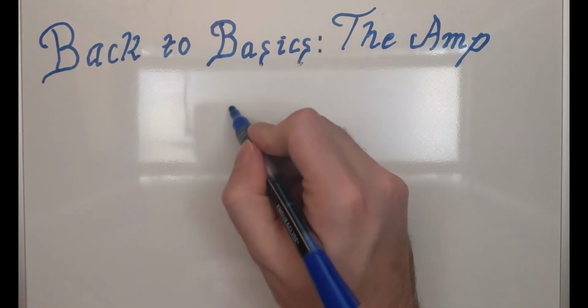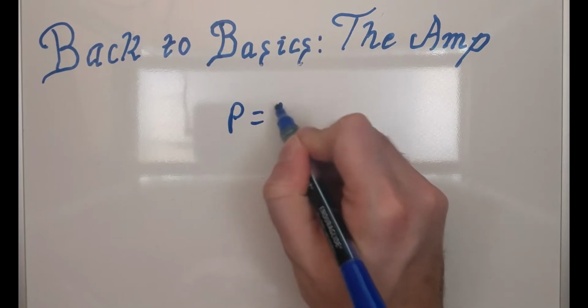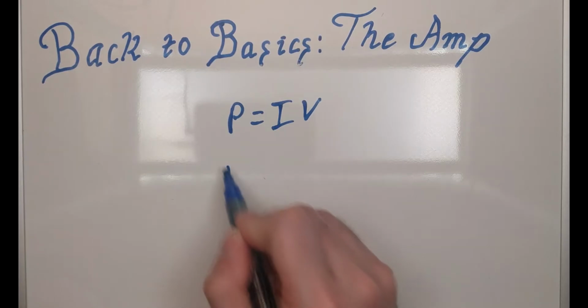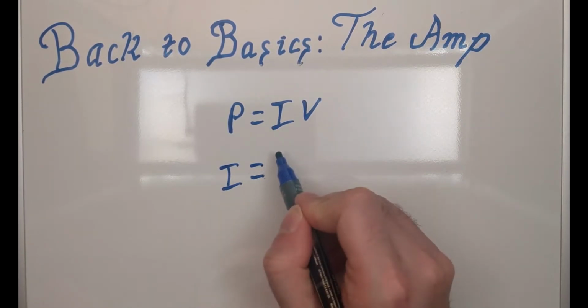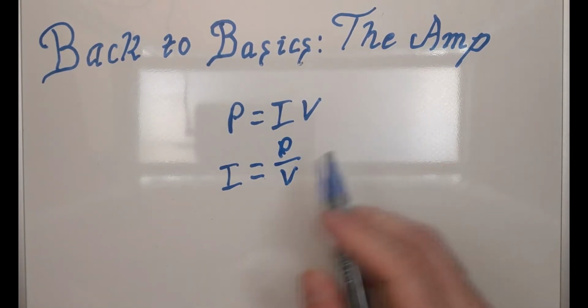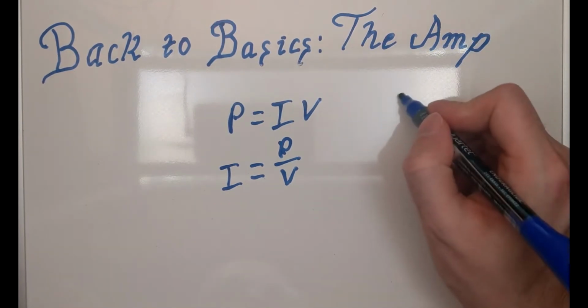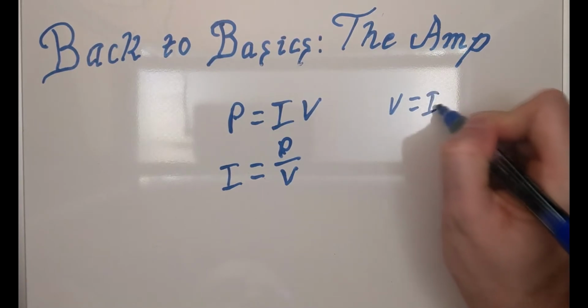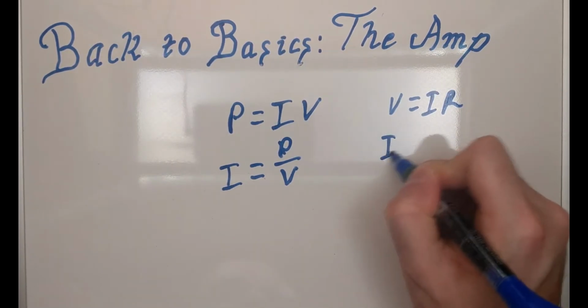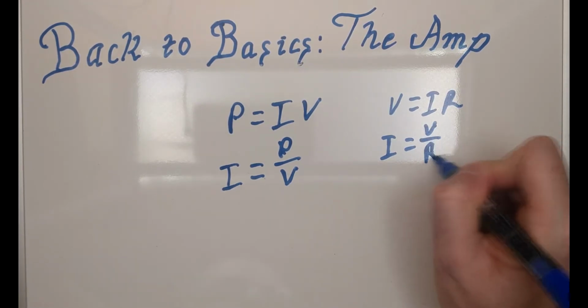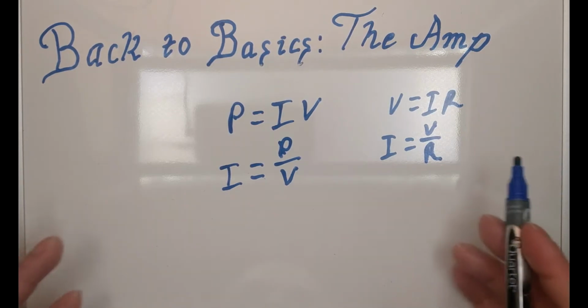So we can also take P equals IV, and we can also solve for I here. So I is going to equal power, or wattage, over volts. Now, an interesting thing we can do is substitute values in.